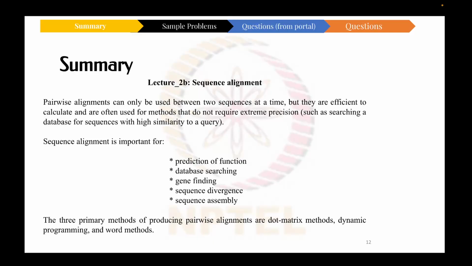A mismatch signifies a substitution since divergence, and a substitution can be regarded as a mutation. A gap indicates one residue in one sequence and no residue in the other. This implies an insertion or deletion since divergence.